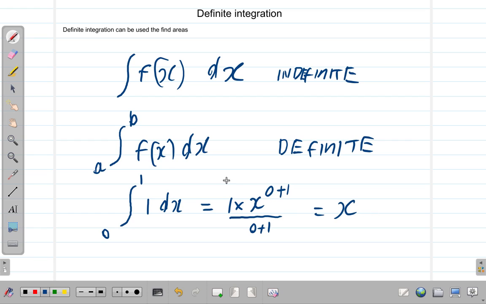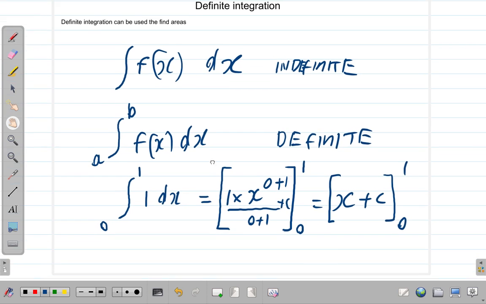Now, how you show the integral and the steps, and the boundaries from 0 to 1: you put what you're integrating in square brackets, the lower boundary on the bottom right and the upper boundary on the top right. So you found x. Now, suppose we add the constant of integration here, so it's x plus c, and you are integrating from 0 to 1.